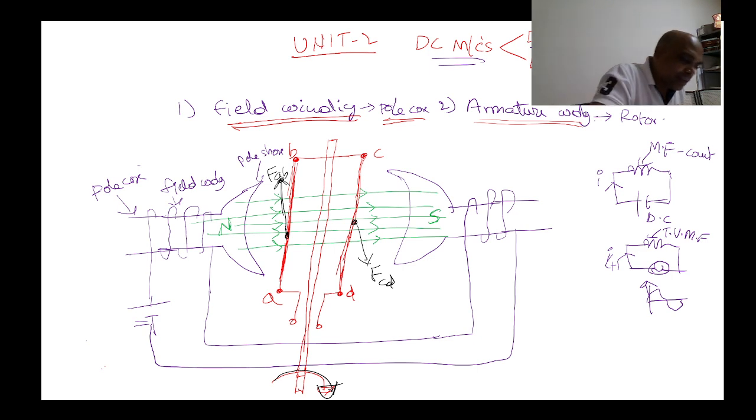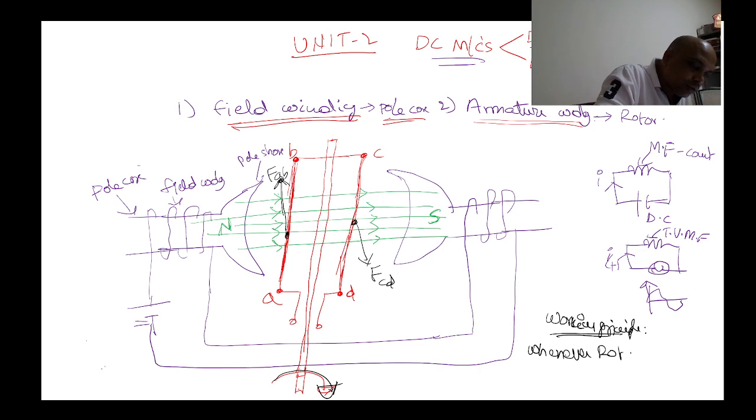So what is the working principle? Whenever rotating conductors are placed in a constant magnetic field, EMF is induced.